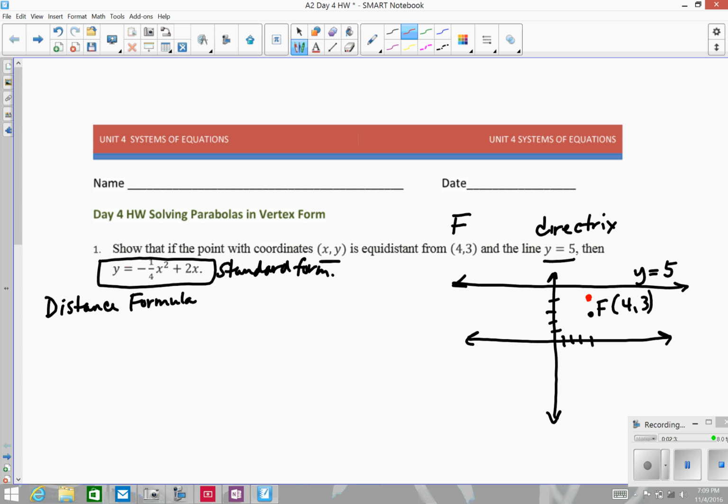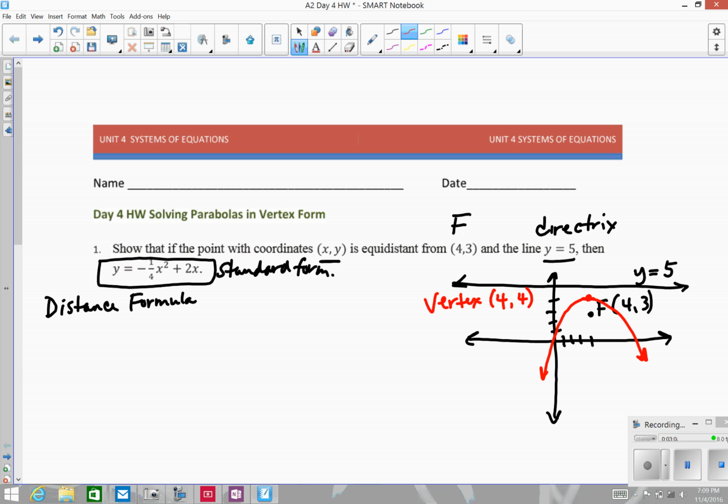There's my vertex there, at the x coordinate 4 and then up 4. That vertex is going to be a maximum because my parabola is going to curve around that focal point, so I'm opening downwards. So I would expect my leading coefficient to be negative.